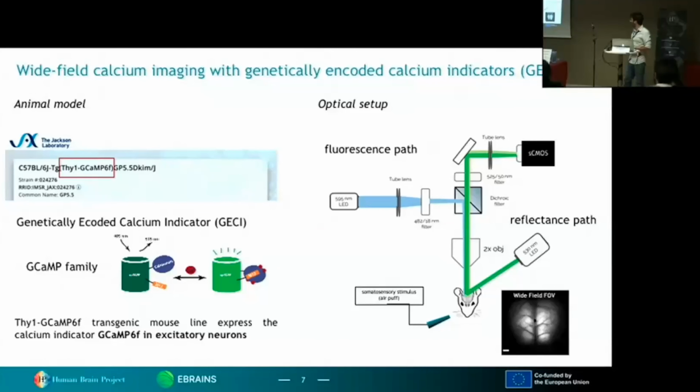And the somatosensory stimulation was achieved by delivering an air puff, and here is reported our square centimeter field of view that covers both cortical hemispheres of the mouse.